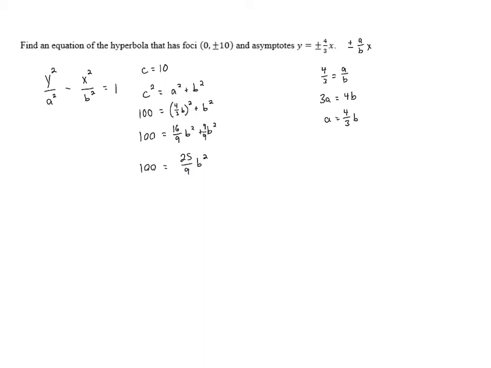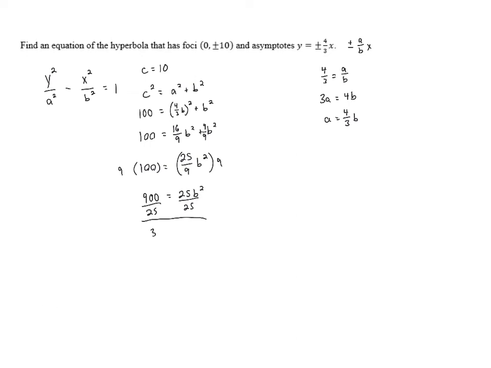So to get b alone, we can make things easier. We can get rid of that fraction. We can multiply both sides by 9. That gives us 900 equals 25b squared. And then to get b squared alone, we can divide both sides by 25.